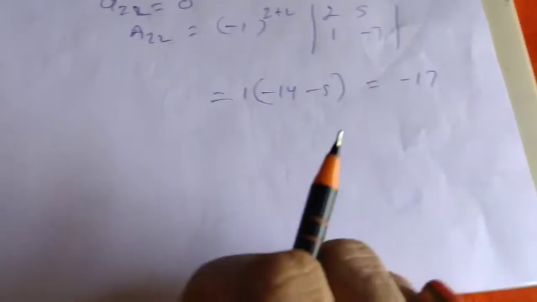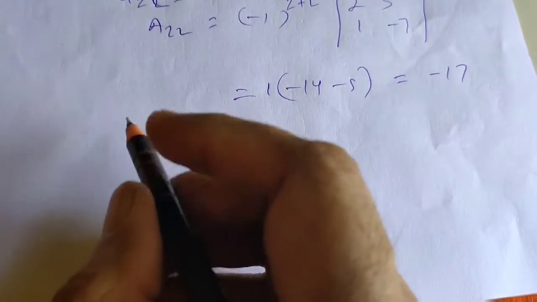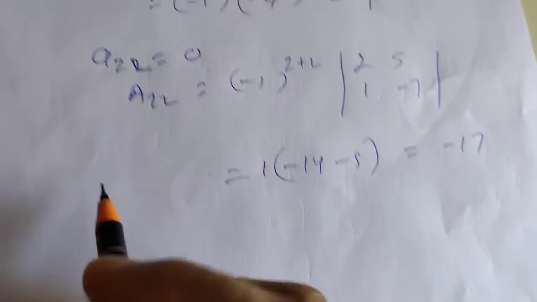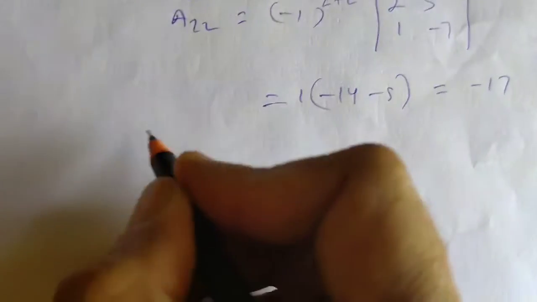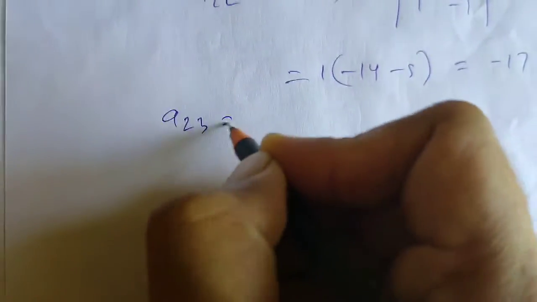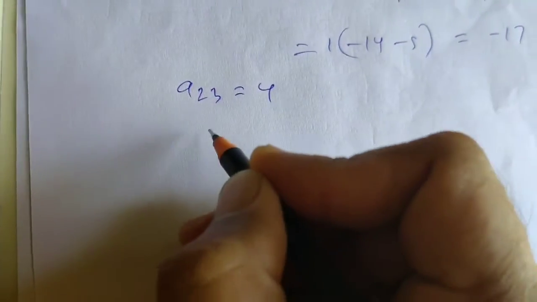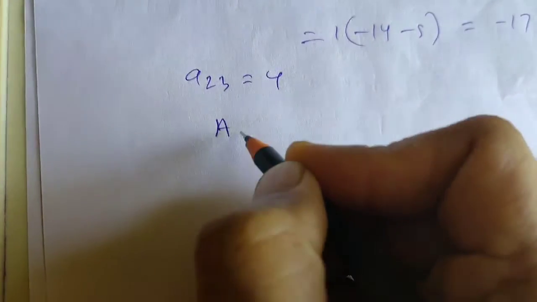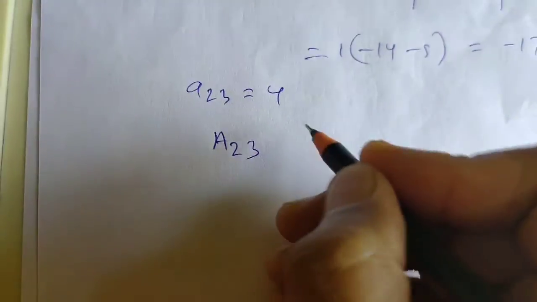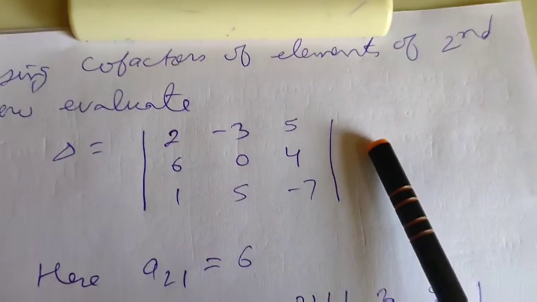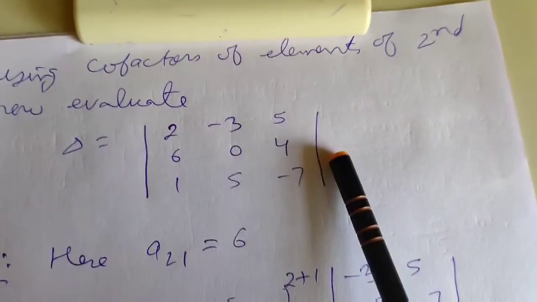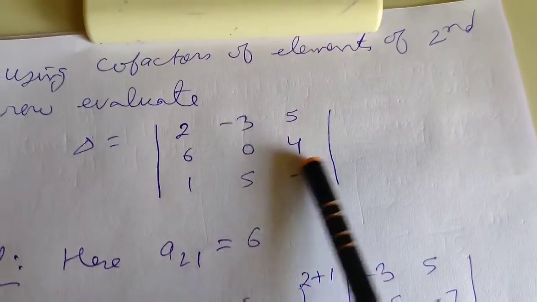Now similarly we'll find for the third element of the second row, A23. A23 is equal to 4, and capital A23, the cofactor of A23, equals: cancel out all the elements of the row and column in which 4, that is the element A23, lies.